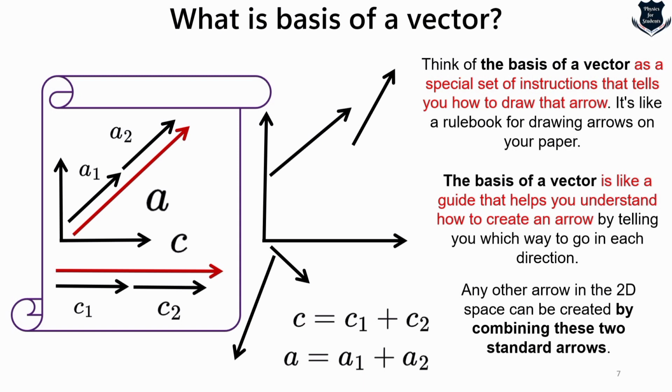So here it is. Any other arrow in the two-dimensional space can be created by combining these two standard arrows. So the basis is what forms the building block, or the base. You can understand from now on that it is an instruction, a set of rules, a set of guidelines which will help you draw any other vectors based on the two basic vectors, which go either this way or that way.